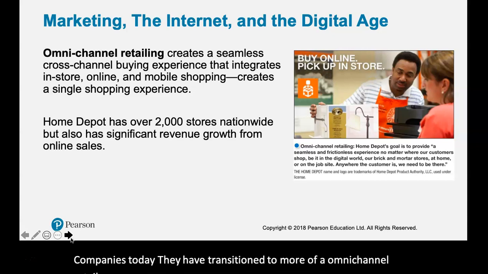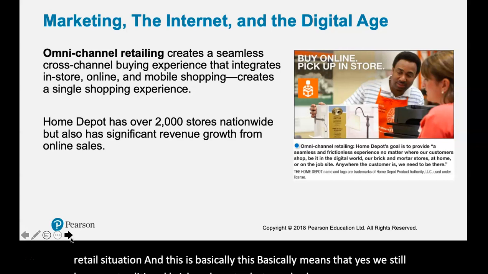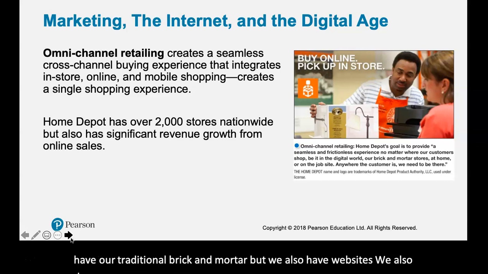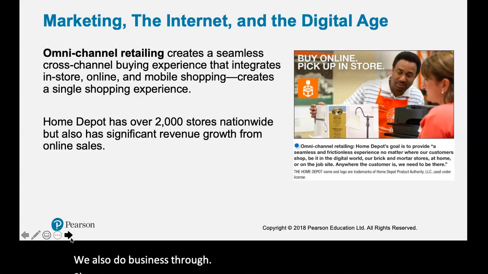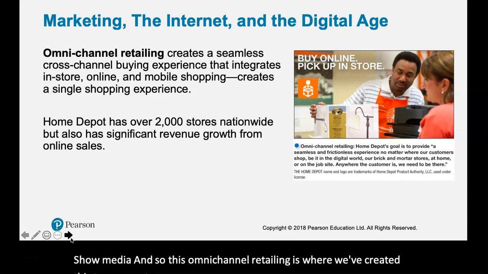And this basically means that, yes, we still have our traditional brick and mortar, but we also have websites. We also do business through social media. And so this omni-channel retailing is where we've created this transparent or seamless cross-channel experience for customers.